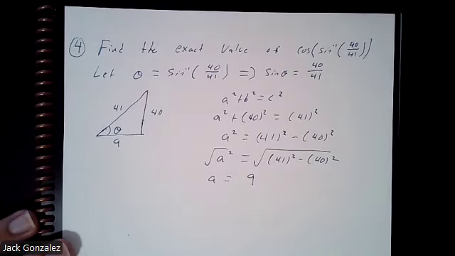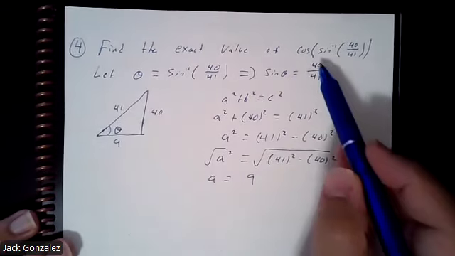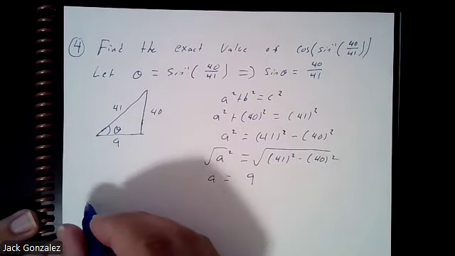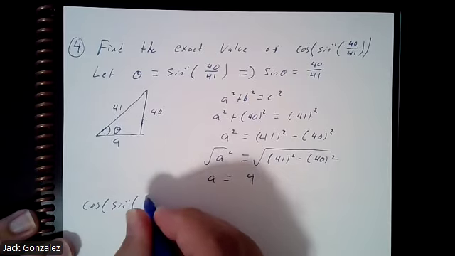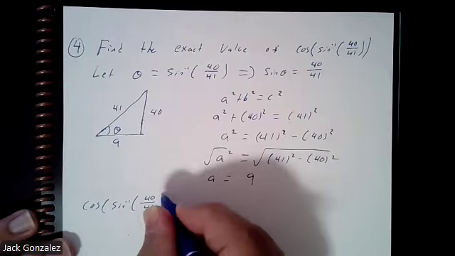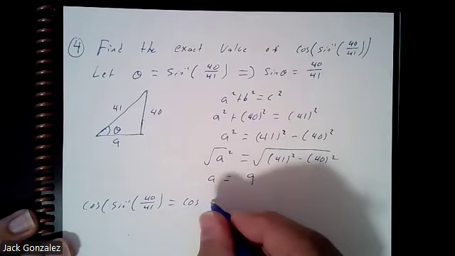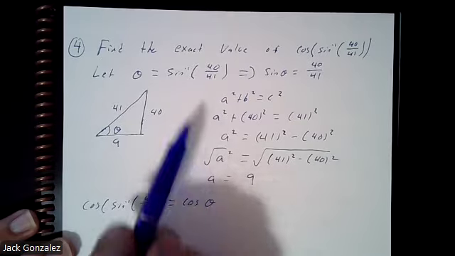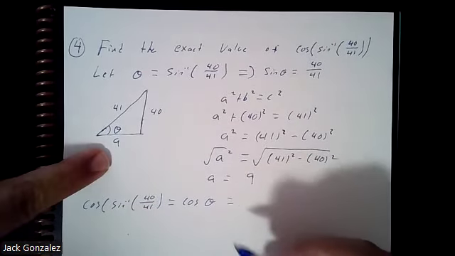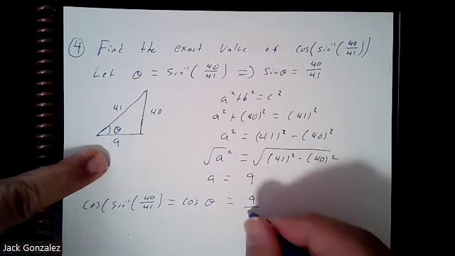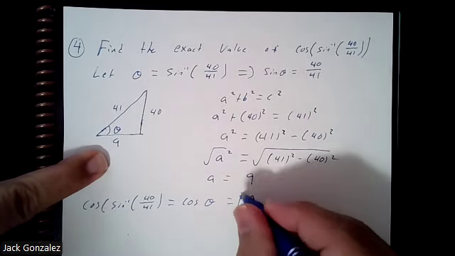Okay, so now we can answer the question, well, what is cosine, right? So cosine of sine inverse of 40 over 41 is equal to cosine of theta, because we said theta is this. Now looking at the triangle, cosine is the adjacent over hypotenuse. So we have our answer right here.